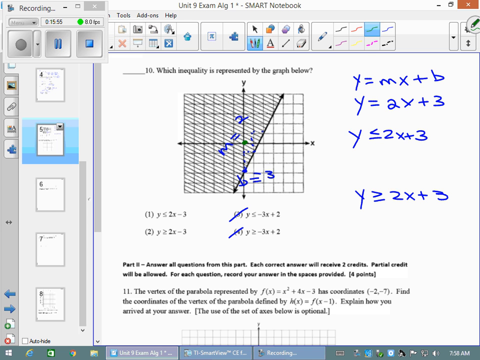And I'm going to test it in both inequalities. I want to pick the inequality where 0, 0 works because it's in the shaded section. So if I plug it into this first inequality, we get 0 is less than or equal to 3, which is true.